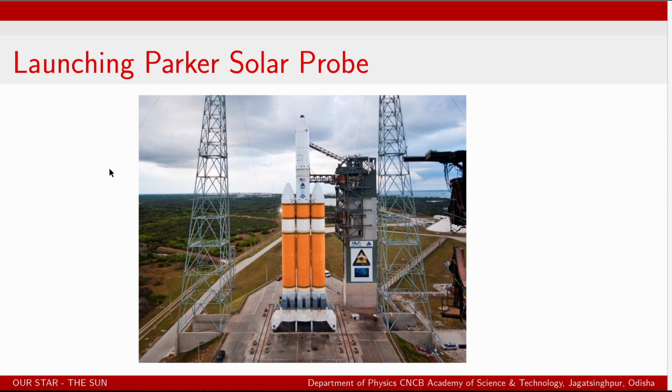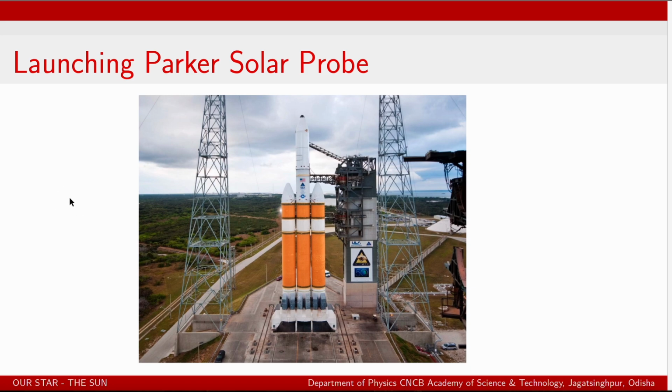In fact, in 2024, the Parker Solar Probe will be around 7 million kilometers from the Sun. This is the rocket that launched the Parker Solar Probe in 2019. This is the Delta 4 Heavy rocket. It has been retired since then. This rocket is not operational anymore.